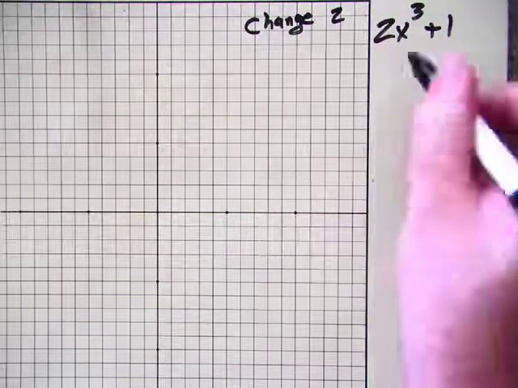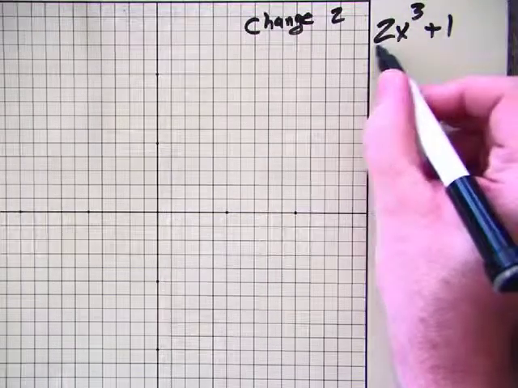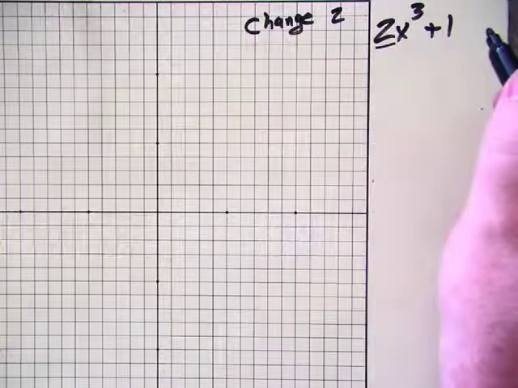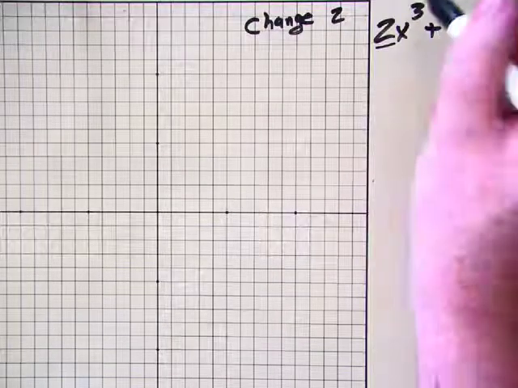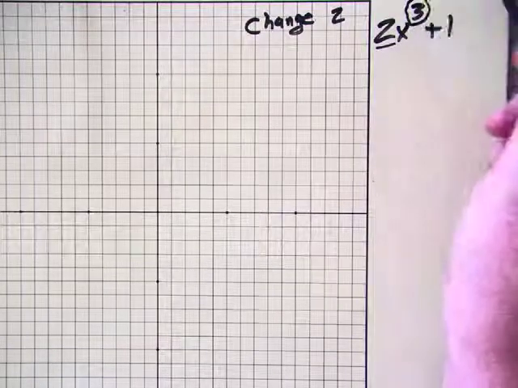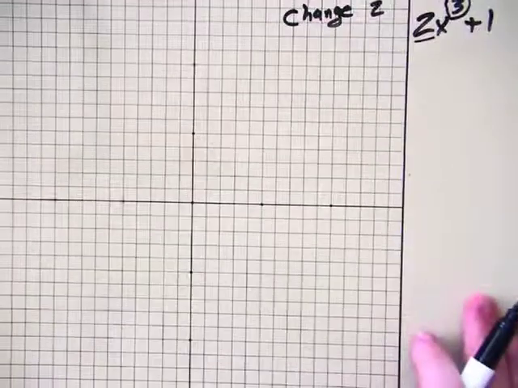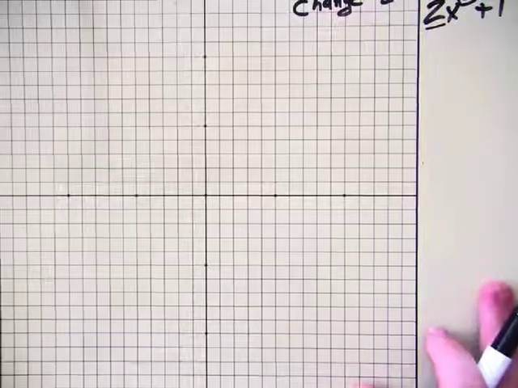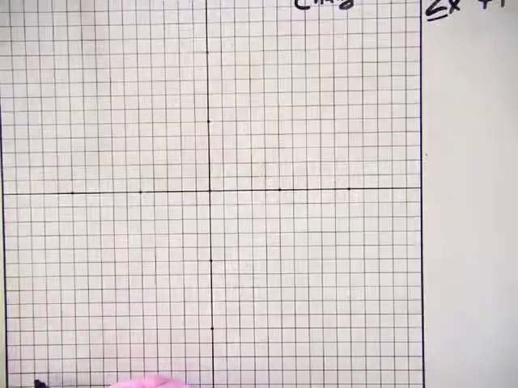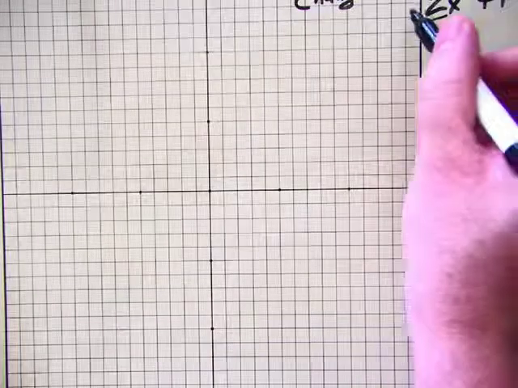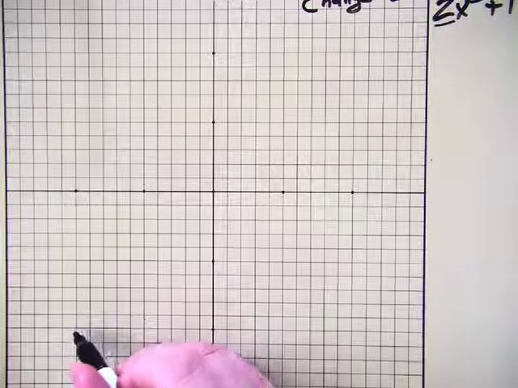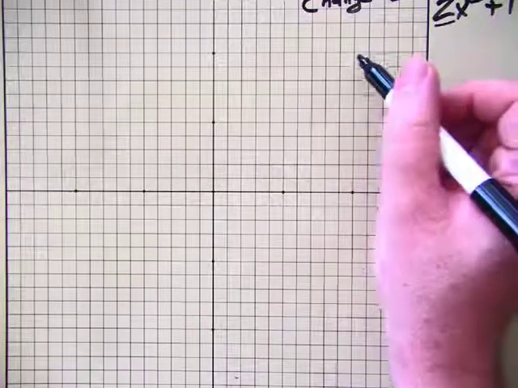It's got a positive coefficient, but it's an odd degree. Positive but odd. That means odd degree, it starts at one corner and goes to the other.